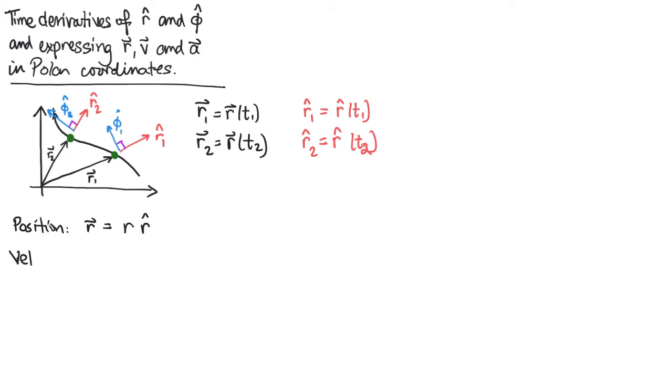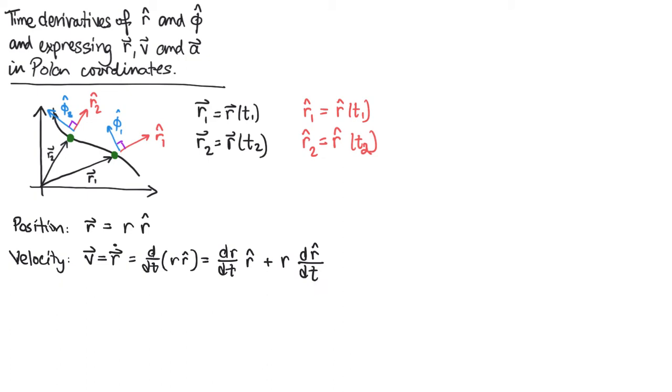And we then said the velocity could be written as the time derivative of the position vector, which is the time derivative of a product of two quantities, a scalar and a vector. So we have dr dt, the r scalar, in the r hat direction, but by the product rule we also have r times the time derivative of the unit vector, and so on.